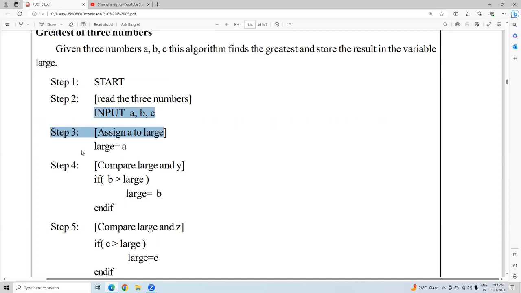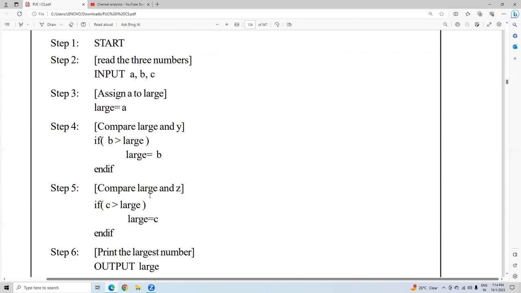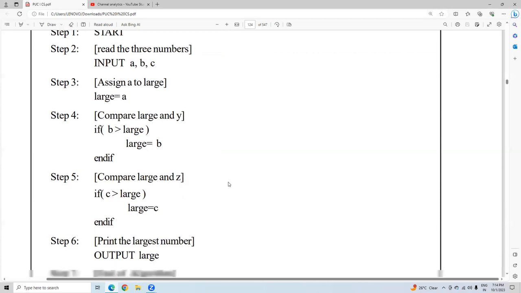Large is a variable, and A will be assigned to it. When A is assigned to large, that number will be compared with all the remaining numbers.